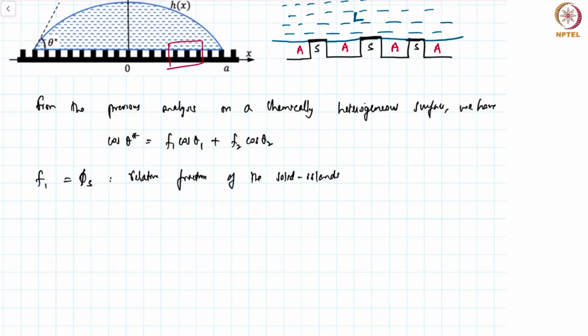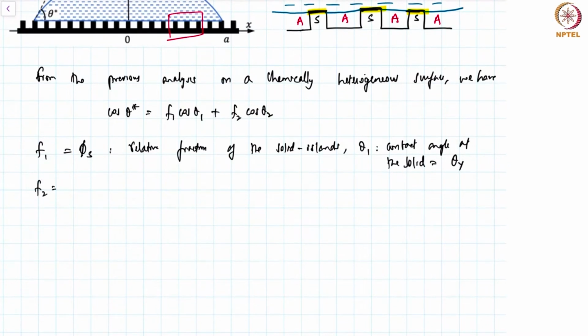That's the area that is occupied by the pillars that I'm highlighting in yellow, and that's f1, and theta 1 is the contact angle at the solid, which is the same as theta y, the contact angle on the smooth solid.